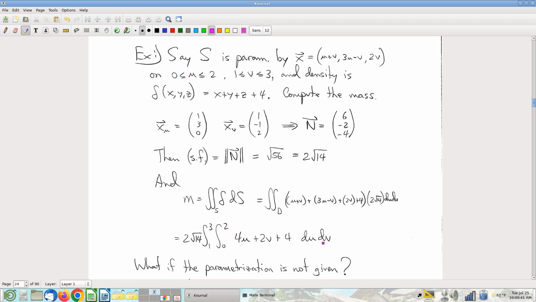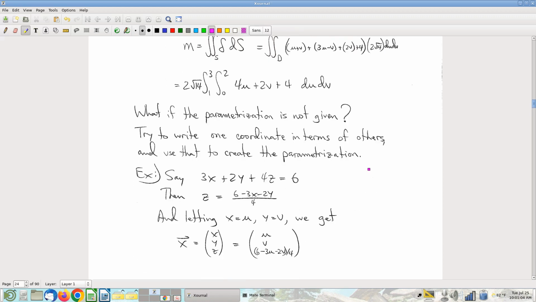All right. Okay, so now let's address the elephant in the room. How often is it that when I encounter a problem like this, the parameterization is going to just be handed to me on a silver platter? Probably not in the real world. Anyway, possibly, but probably not. So how do we parameterize surfaces?